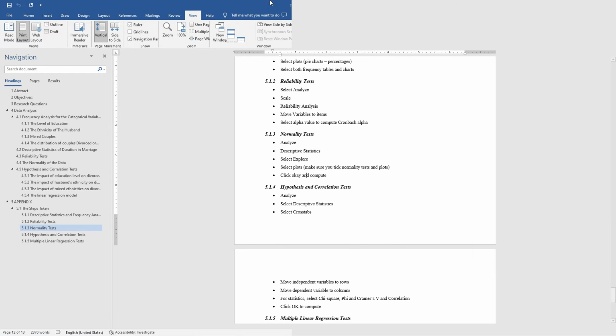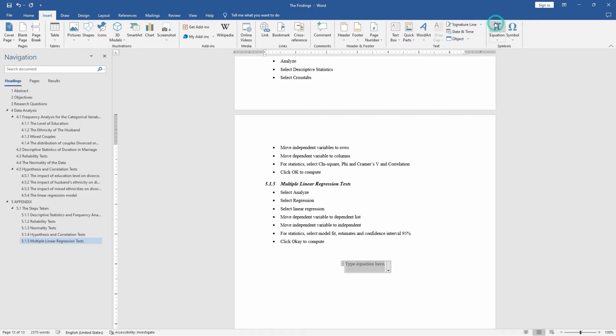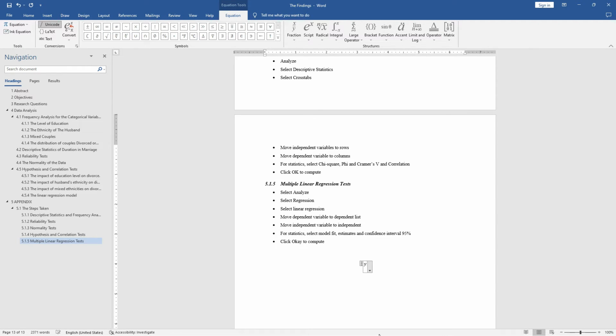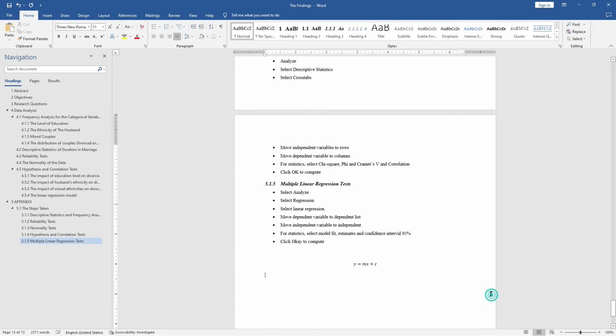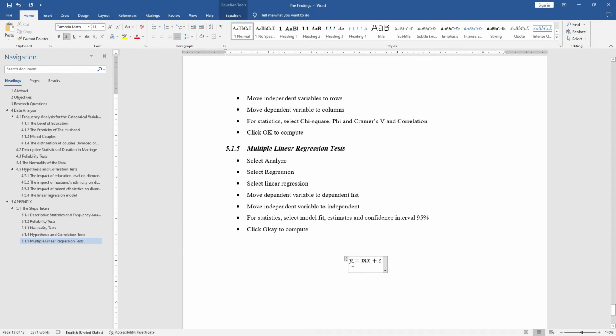Let me insert the equation, such that y is equal to mx plus c, where y is the dependent variable, m is the slope or the unstandardized beta, x is the independent variable, while c is the intercept.